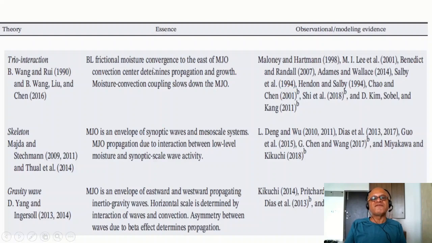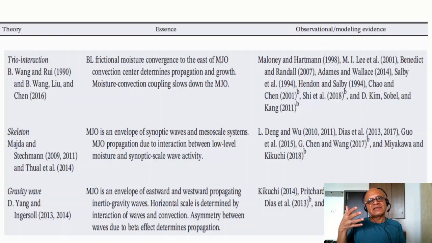So here the frictional convergence instability to the east of the MJO convection center determines propagation and growth, and moisture convection coupling provides the slowing down of the waves, to explain the observed propagation speed.